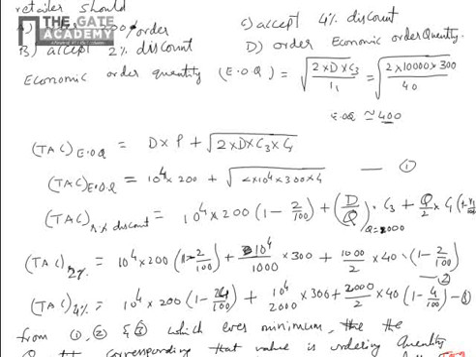Purchase 2000 per order, then you have to pay 8 rupees per item. So as the order quantity increases, the price of the item decreases.